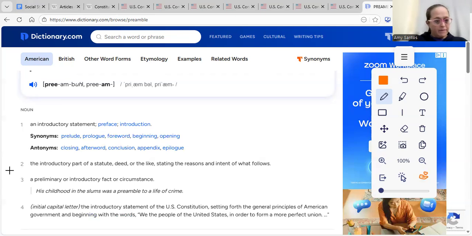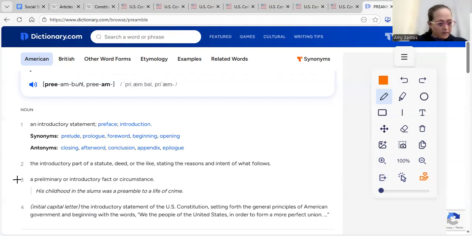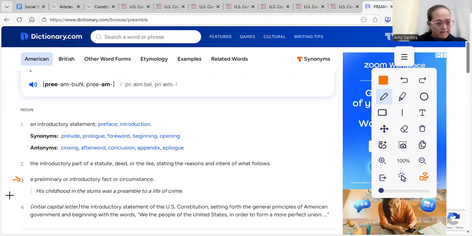For some of the meanings, for example, if you look at the third one here, it says a preliminary or introductory fact or circumstance, and they give an example sentence: his childhood in the slums was a preamble to a life of crime.